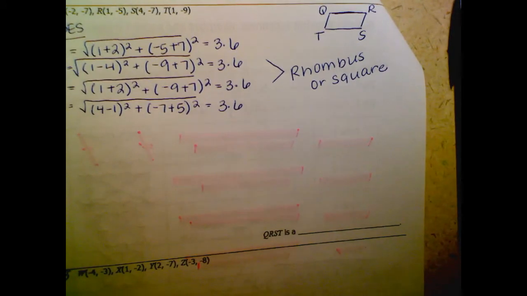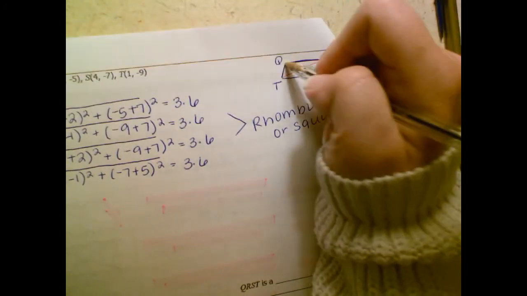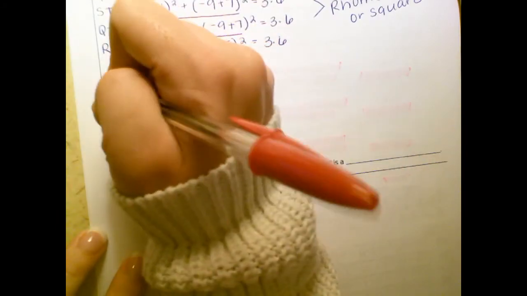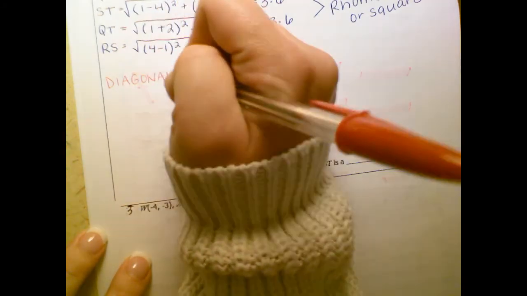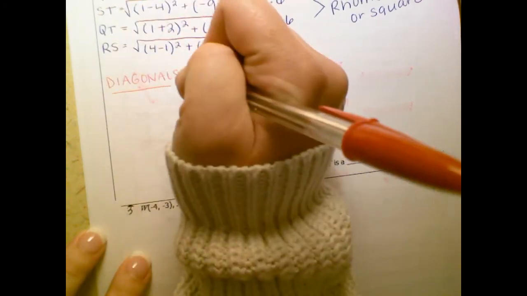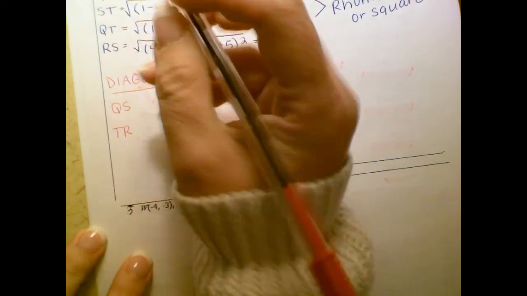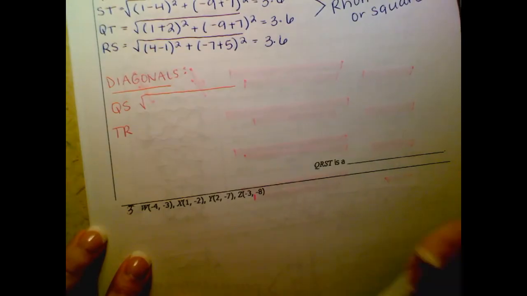Now I have to do the same thing with diagonals. So my diagonal is going to be TR, QS. Again, doing my distance formula.